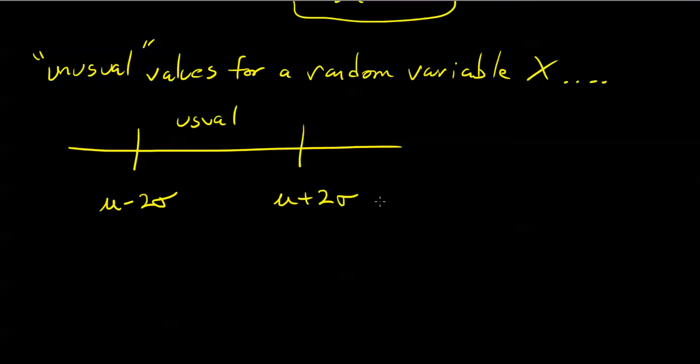If we can compute a mean from a probability distribution, we can compute a standard deviation from a probability distribution. We can also compute these boundaries for unusual values, and you'll see this come into the homework problems. Anything beyond these limits, of course, we are going to claim are unusual. Okay?